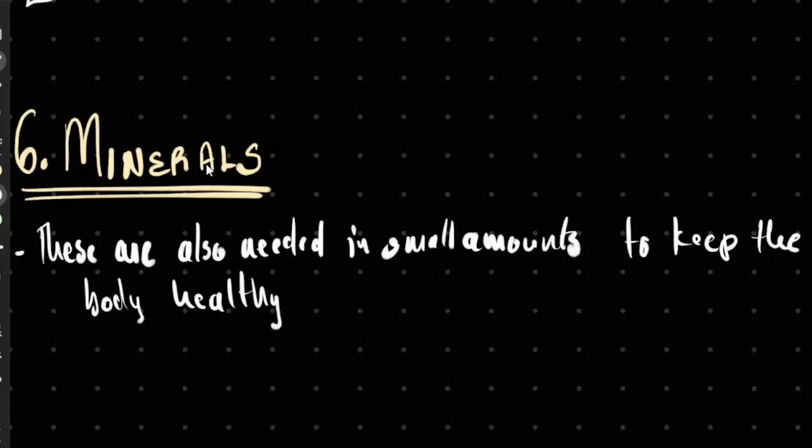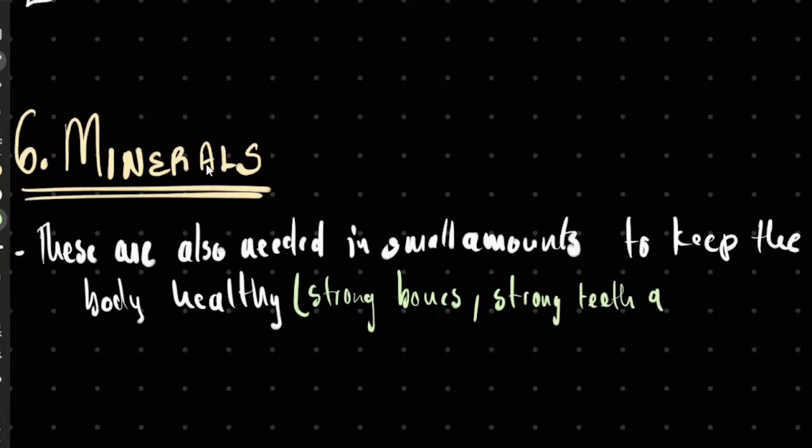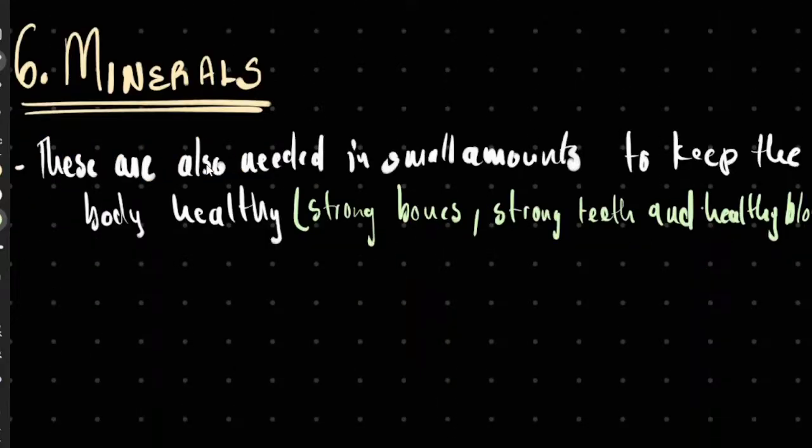But the difference is that when you eat minerals, you get strong bones, strong teeth, and healthy blood. So they help you to have good blood, strong bones, strong teeth. If it's minerals, that's what we mean by healthy.